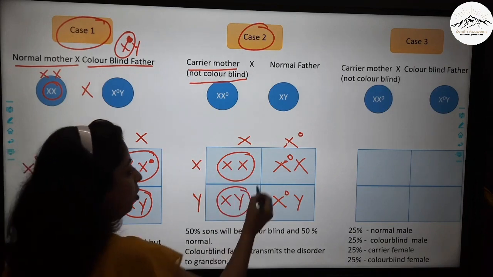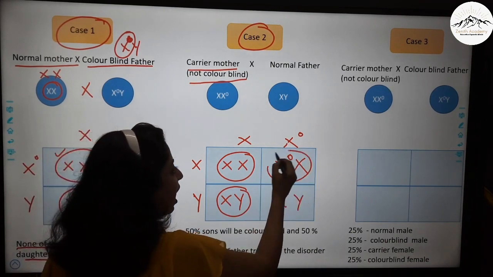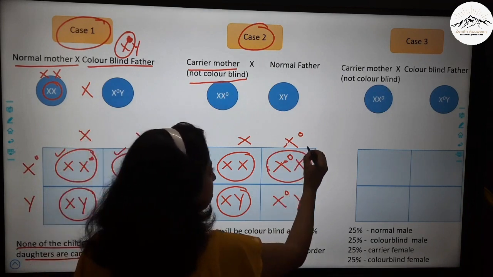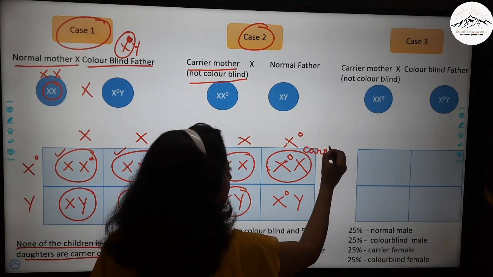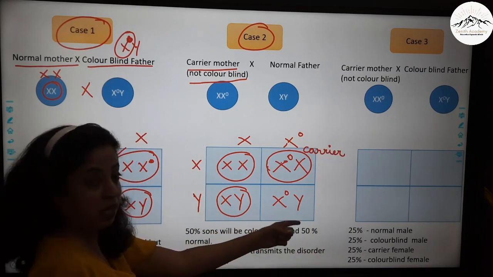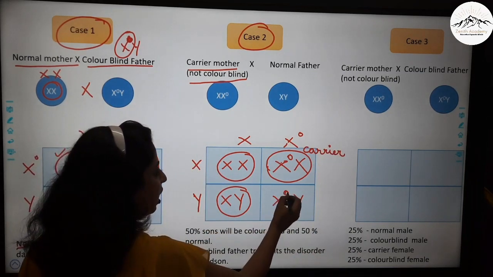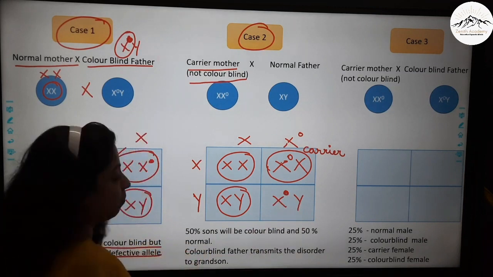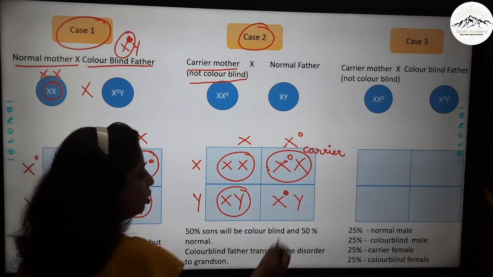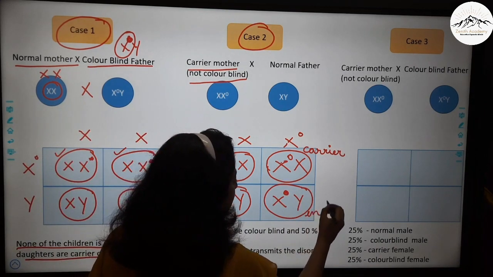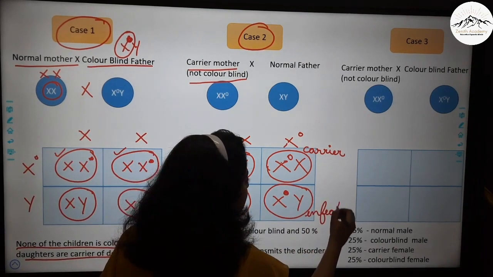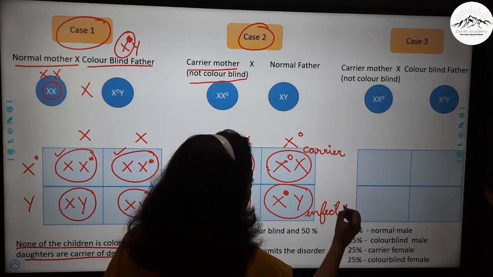Now this is a carrier female, but here you can see this is a male who is having this X chromosome, which is the defective allele. So this is the infected male.